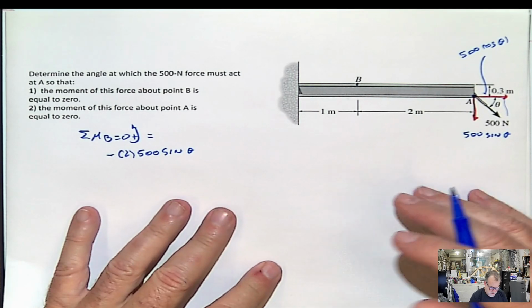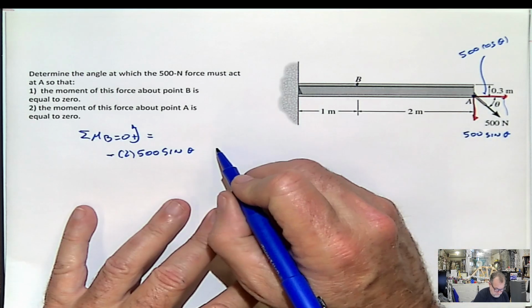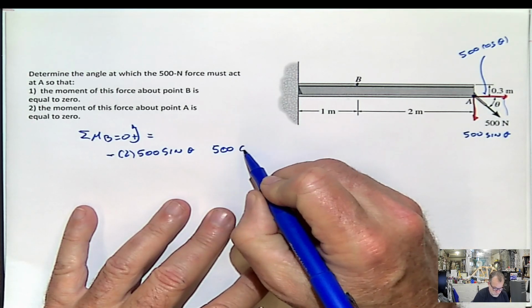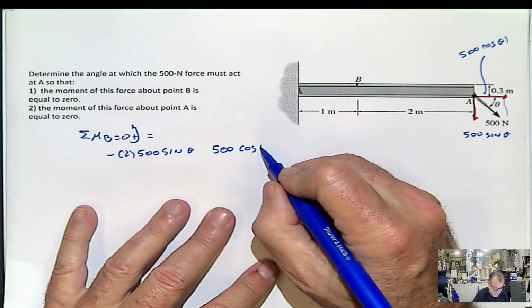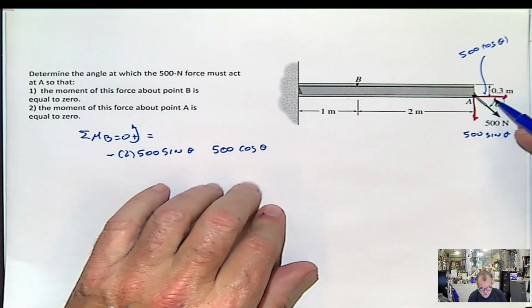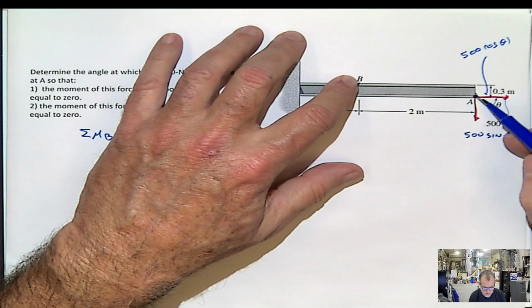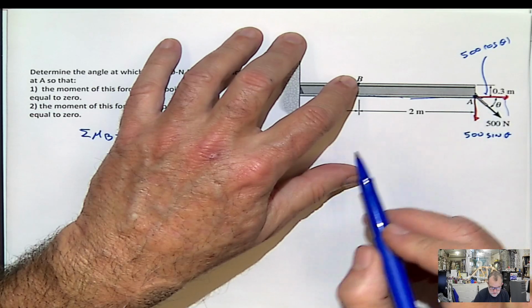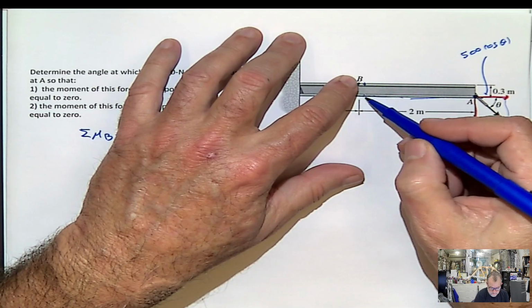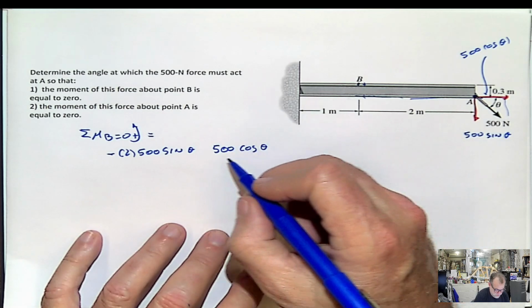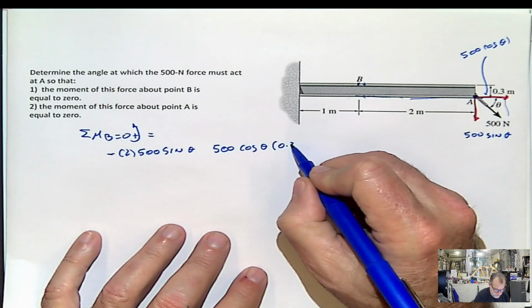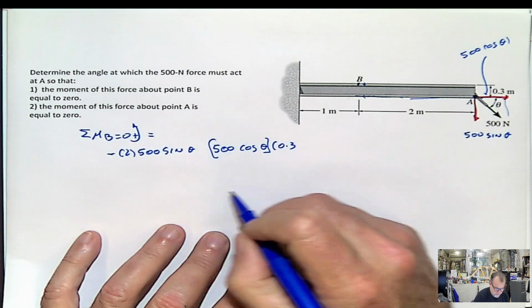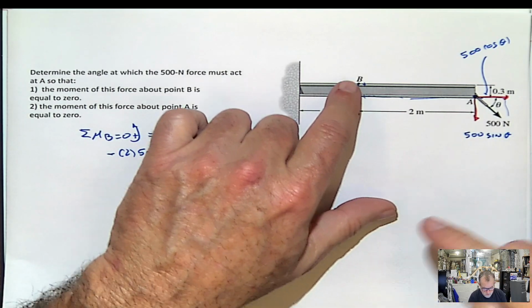And now we start with the other force, which is 500 cosine of the angle. The force is horizontal. The distance between the point B and this force, remember transmissibility, right, is this vertical distance, 0.3, times 0.3. And then you apply the force.